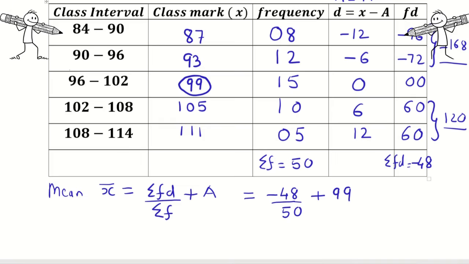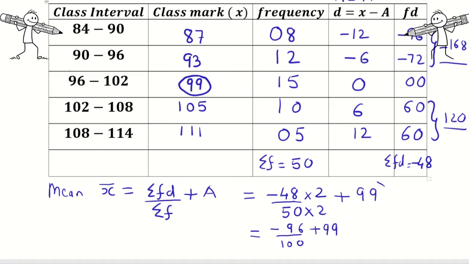Fine. Now here I'll teach you one trick. If I keep dividing 48 by 50, it will be a tedious task. So instead of doing any kind of cross multiplication, I'll play one game over here. I'll multiply this by 2 and multiply this by 2. So in the denominator, what did I get? I got 100, and in the numerator, when I multiply 48 by 2, I get minus 96 plus 99.